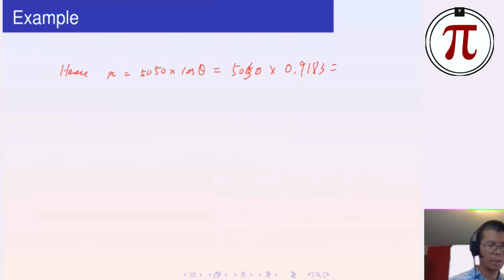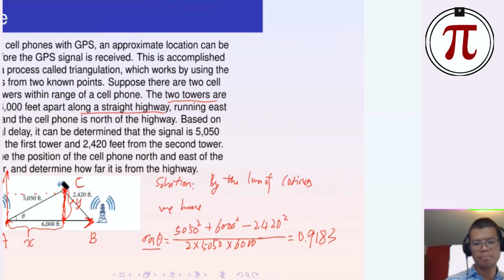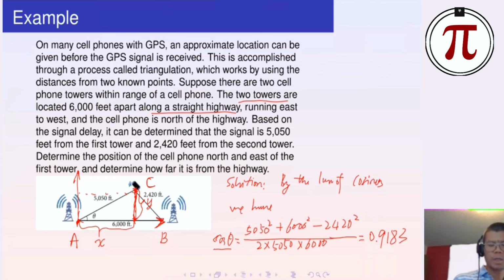I have a question. Why didn't we use the inverse? For this one, it depends on what our purpose is. We only need the value of x and the value of y. So x is simply 50 times cosine theta.